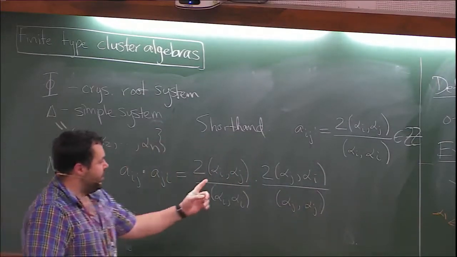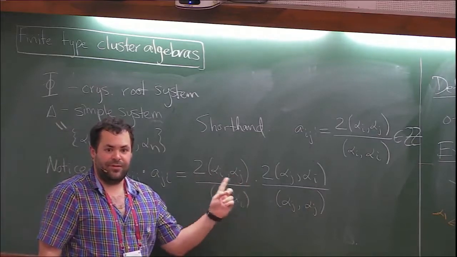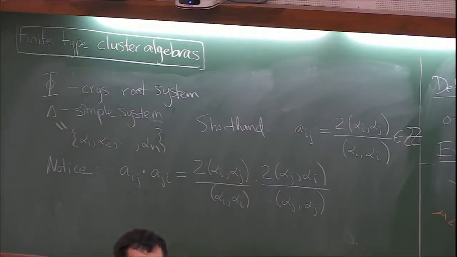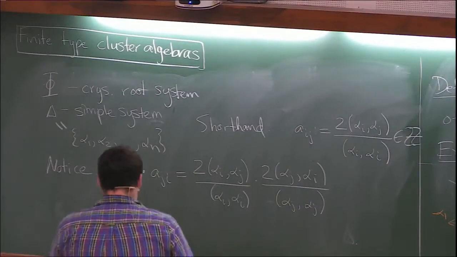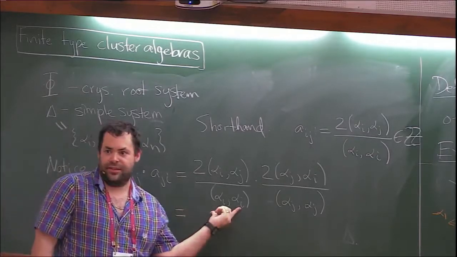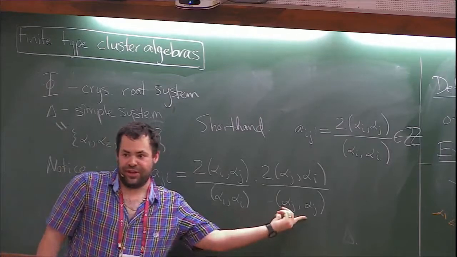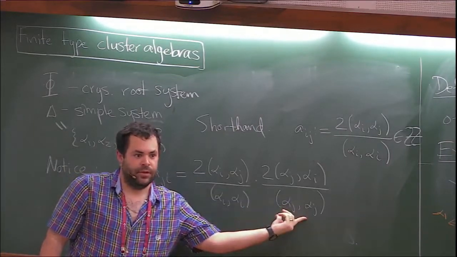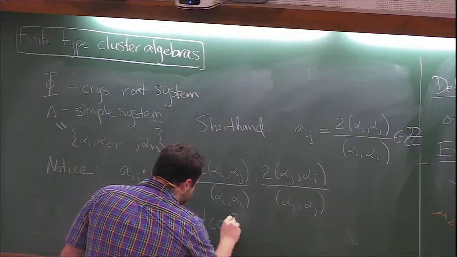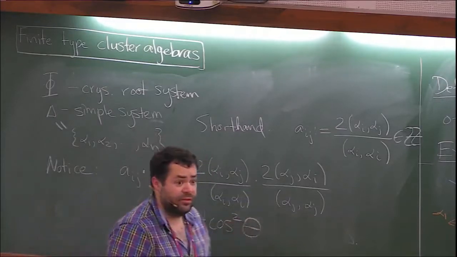If I recall that the inner product of alpha i with alpha j is the length of alpha i times the length of alpha j times the cosine of the angle in between, then with the length of alpha i squared and the length of alpha j squared in the denominator, what I get is 4 cosine squared of the angle in between.